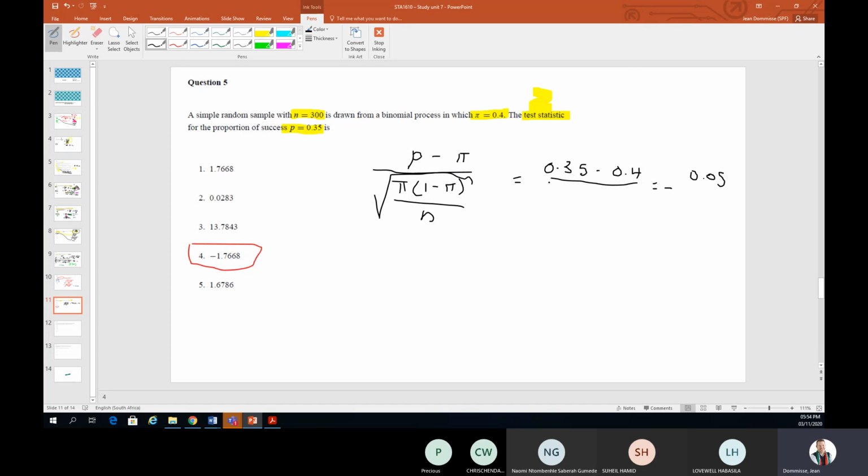So it is 0.4 times 1 minus 0.4 is 0.6. So 0.4 times 0.6 gives me 0.24 divided by n, which is 300. That gives me 0.0008. So if I take the square root of that, I get 0.0283.